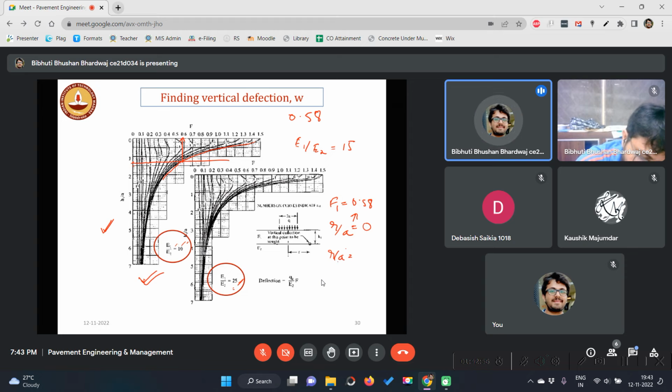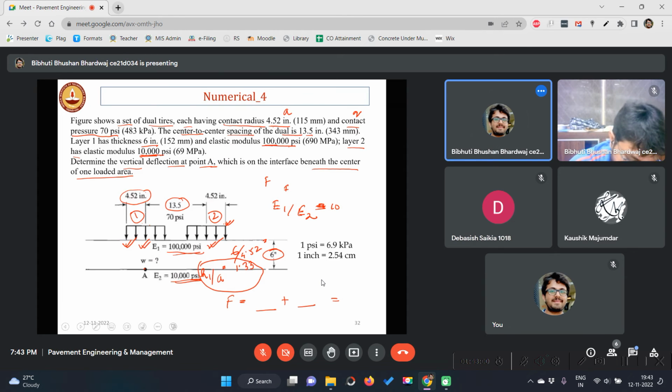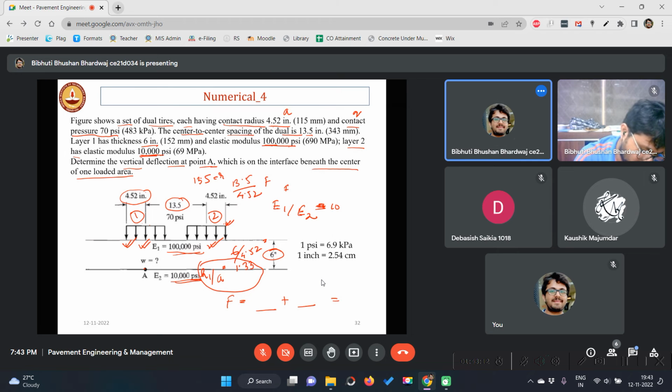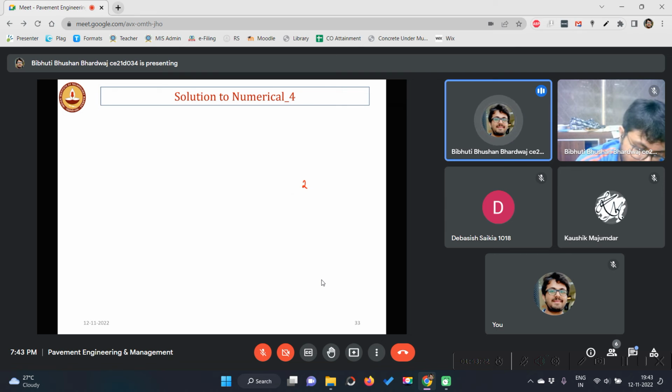In the second case, what will be R by A for the second load? It's 13.5 divided by 4.52. It's coming 2.99. Are you also getting 2.99?